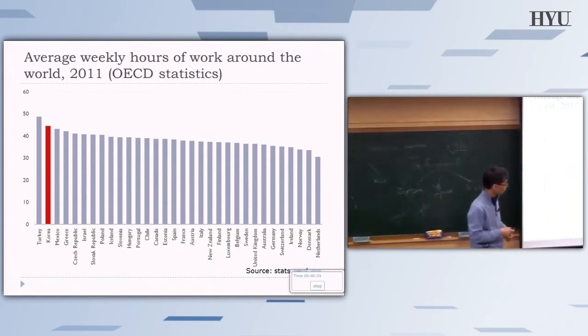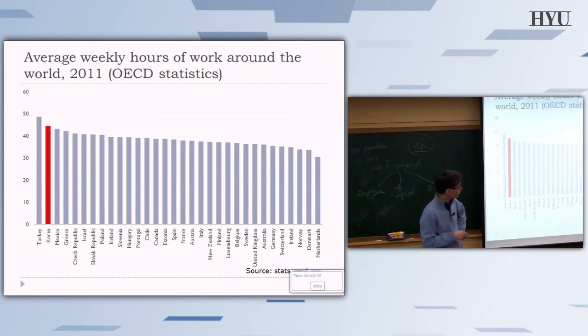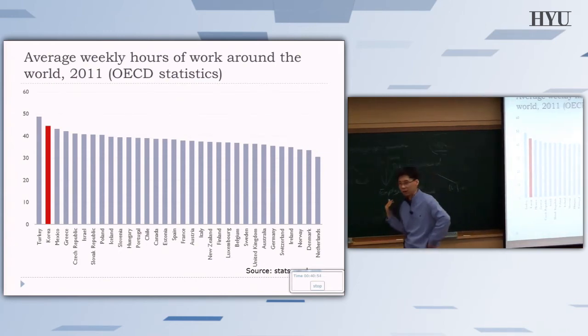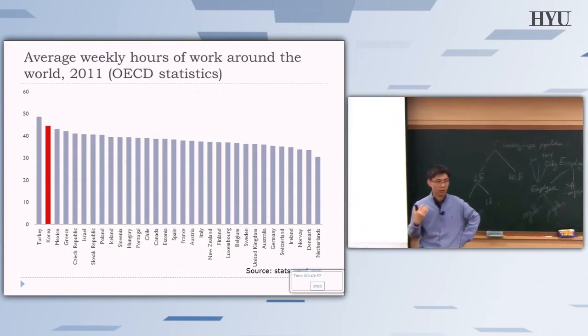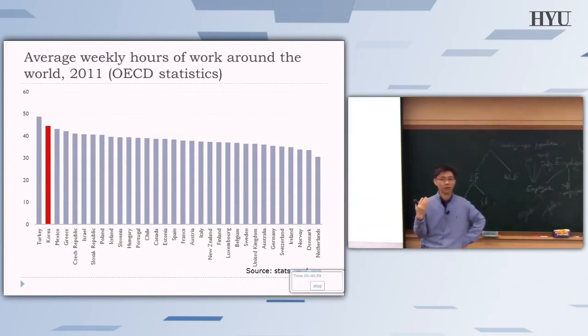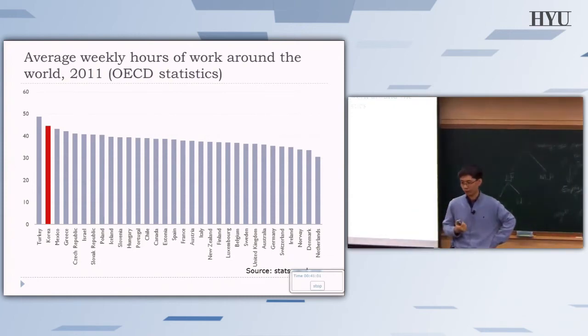Okay, so one of the things that the Korean government is keenly interested in is to raise the female labor force participation rate or employment rate. The female labor force participation rate is very low and M-shaped, and one of the things suggested is that women drop out of the labor force because in Korea it's very difficult to find part-time jobs.